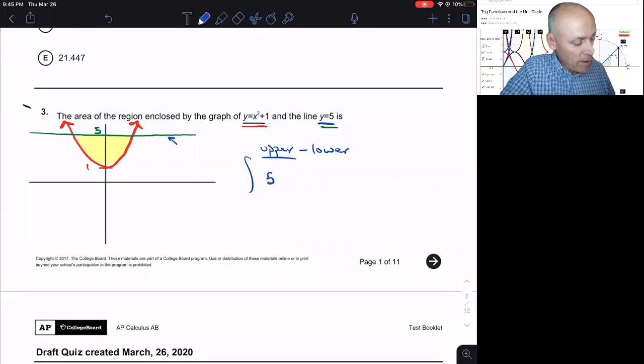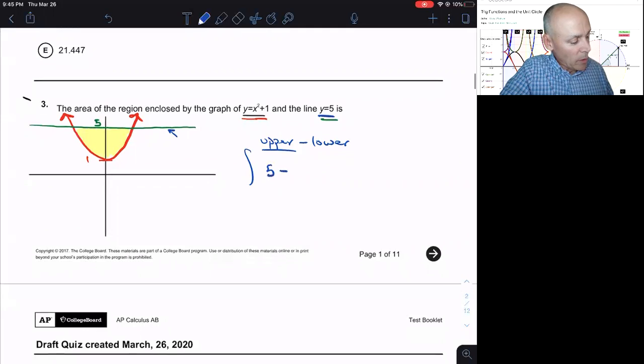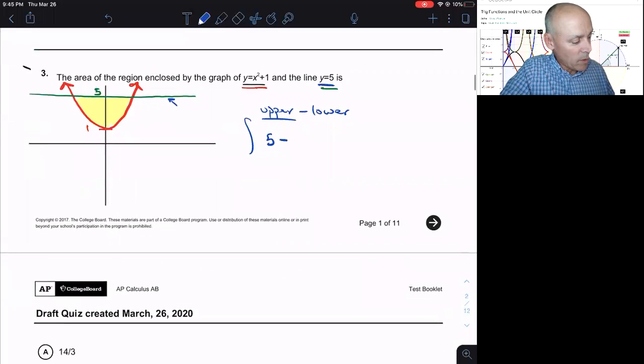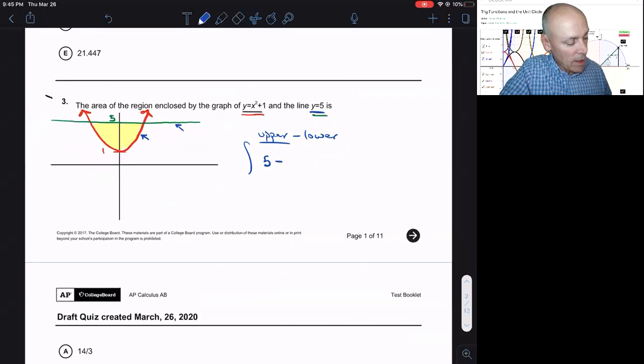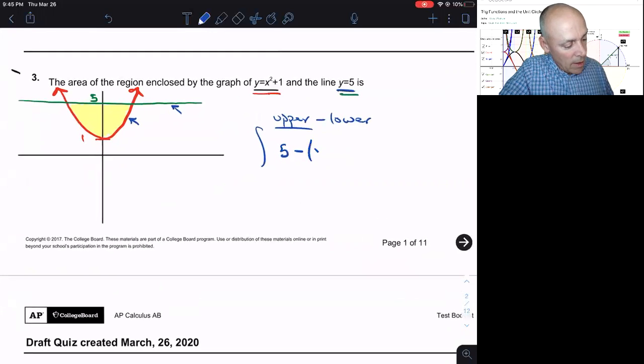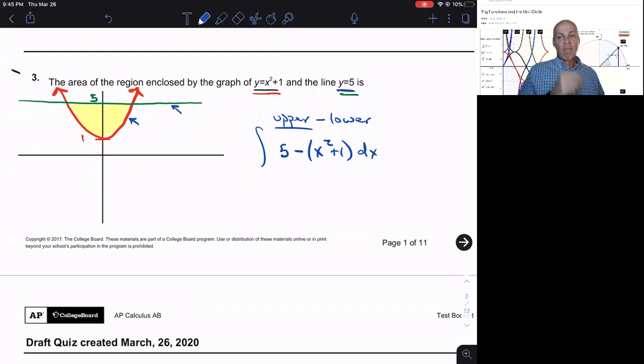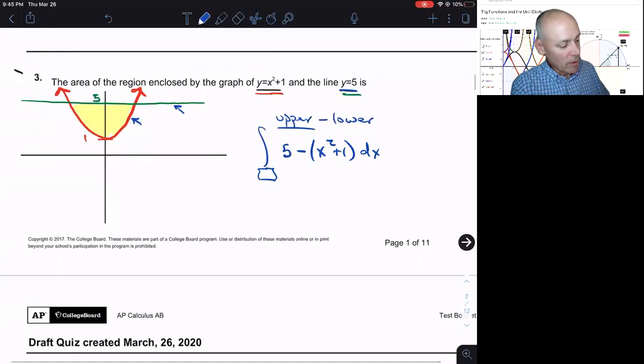So we have 5 minus my lower function, which is my parabola, which is going to be x squared plus 1, and then dx.